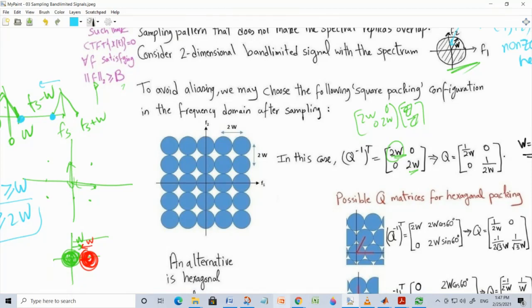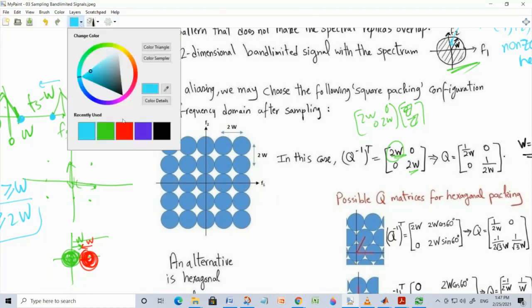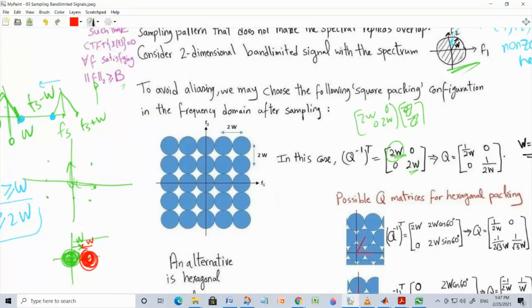And if you want to reconstruct back your signal, what do you do? Like in the 1 dimensional case, you do low pass filtering. So if you want to get your continuous time signal back, you will have a low pass filter that will extract the original continuous time Fourier transform, like this.